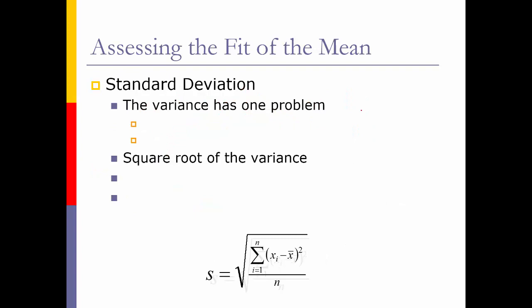Now the variance has one problem. It's in squared units. So I don't know about you, but I don't know what squared miles per hour means. So it's really not meaningful.